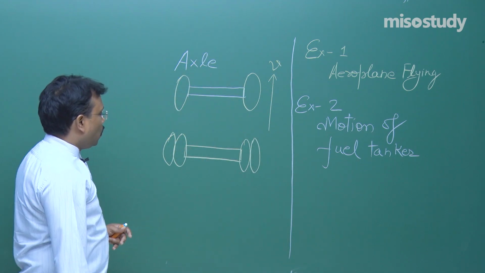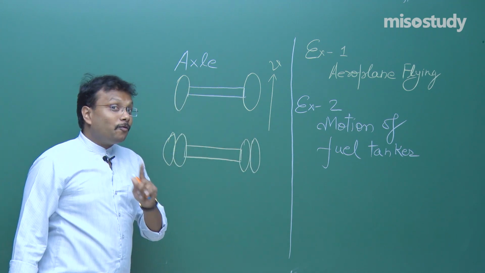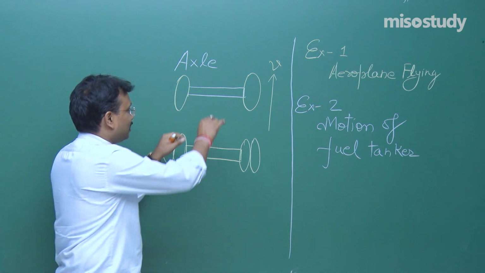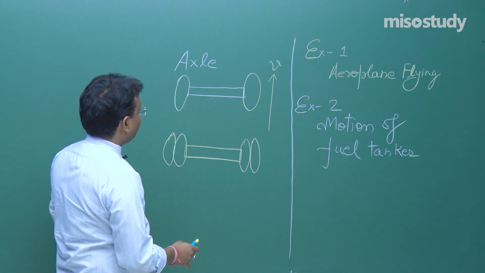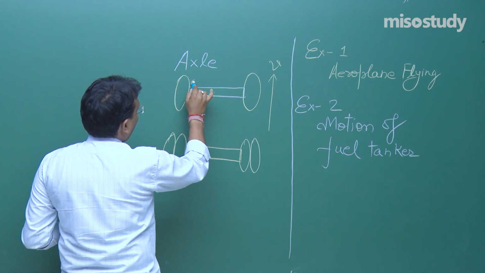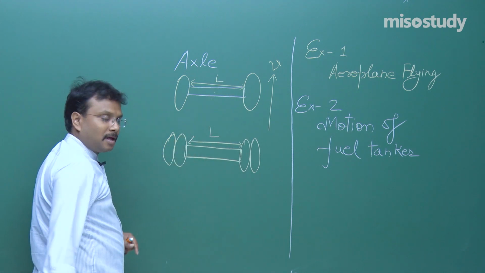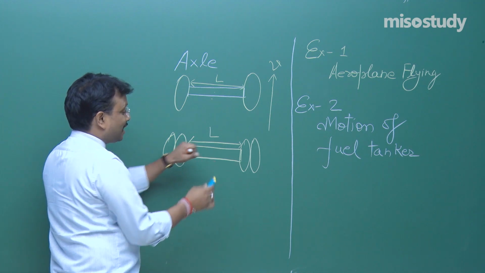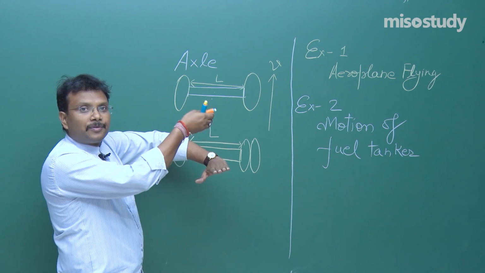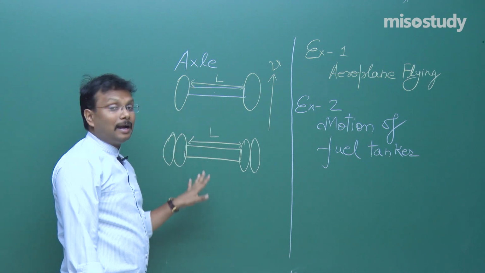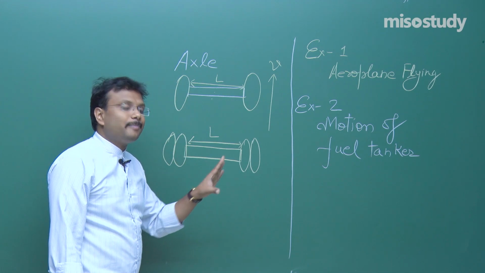Now, who is going to create the problem? We are watching from the top. So, the vertical component of the Earth's magnetic field is out. Let us say the length of the axle is L. So, when it is moving, magnetic field lines are like this and it is moving like this. So, they are cutting. That is cutting of magnetic field lines, the perpendicular, vertical component of the Earth's magnetic field.